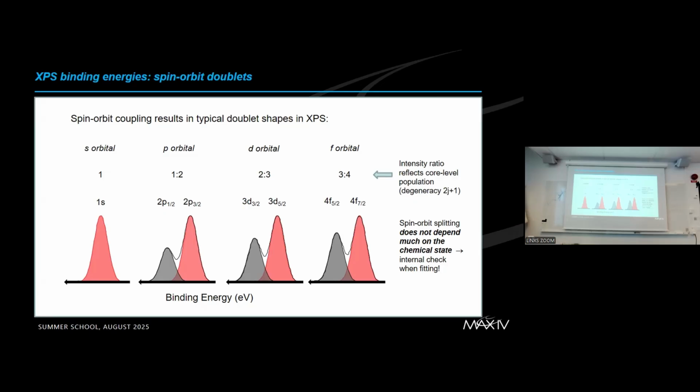So in a way it is easier to fit spectra containing doublets than spectra containing singlets, because you have this additional constraint there. The intensity ratio, though, can change a little bit. This is a different story, but essentially they try to keep this ratio 1 to 2, 2 to 3, and 3 to 4.